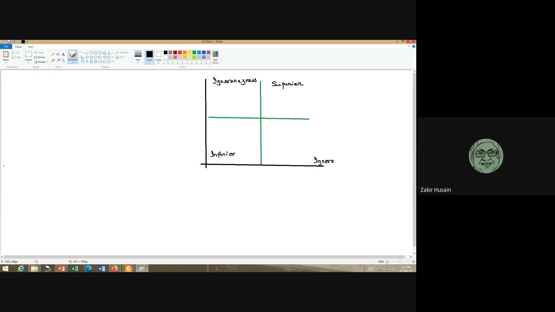We don't know whether a point over here is better off than A or not. Any point in S is preferred to A. A is preferred to any point in the inferior zone.